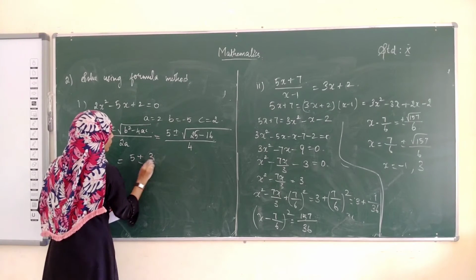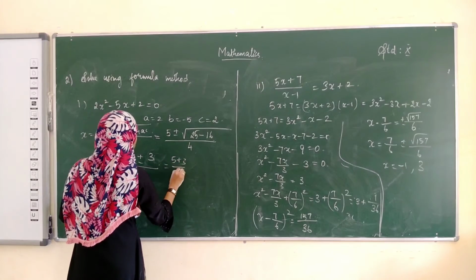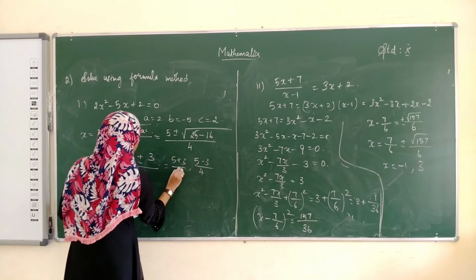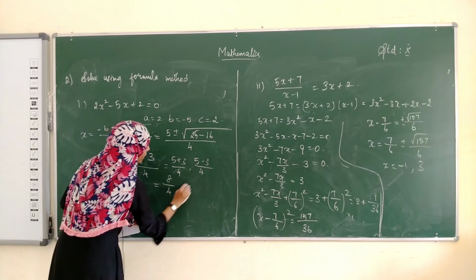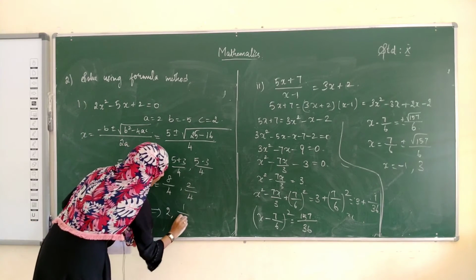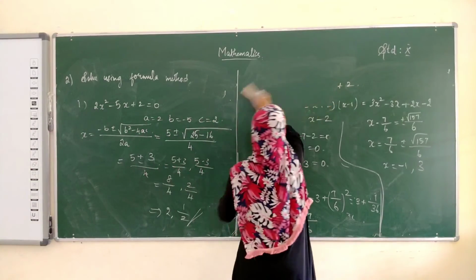Root 9 is 3 divided by 4. What's the value? 5 plus 3 divided by 4 comma 5 minus 3 divided by 4. That is 8 divided by 4 comma 2 divided by 4. That is 2 comma 1 by 2. Okay, this is the solution of the given equation.